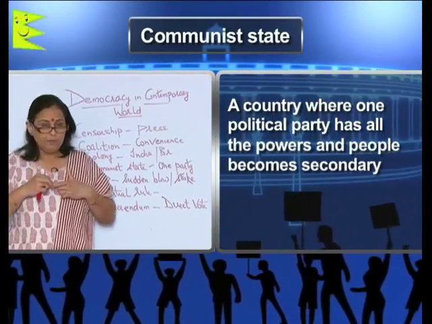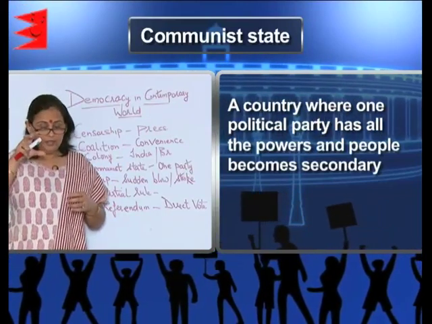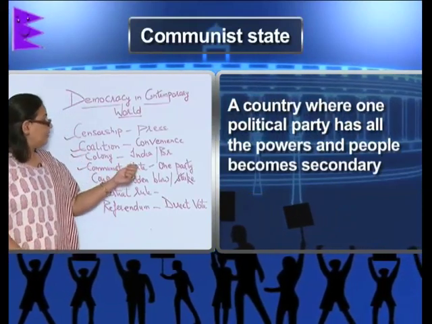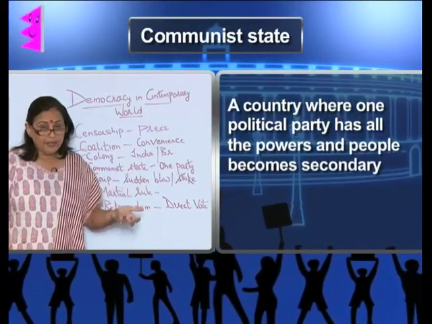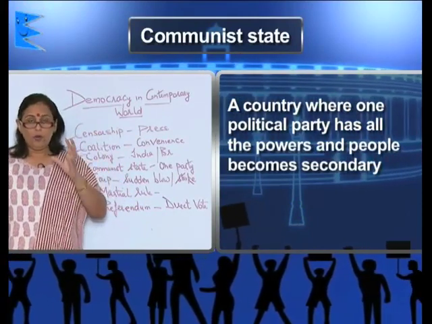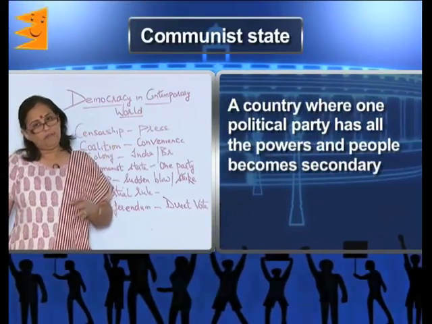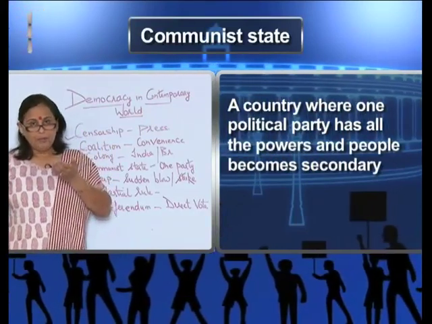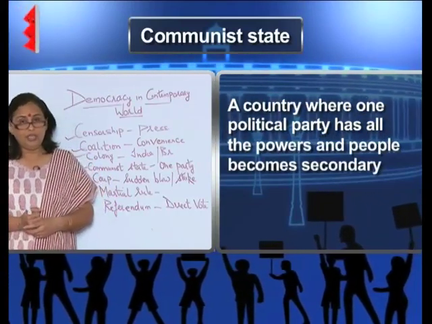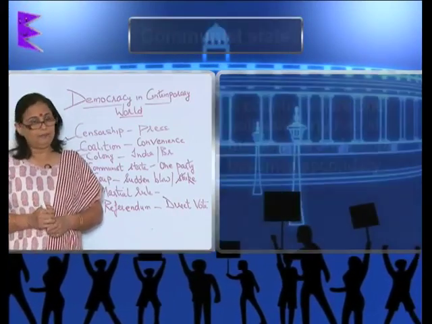It has all the powers and it does not let any other party flourish, and this particular party or the state has control over all the big factories and other means of production. People become secondary and it is the government which is the most important part of the country.